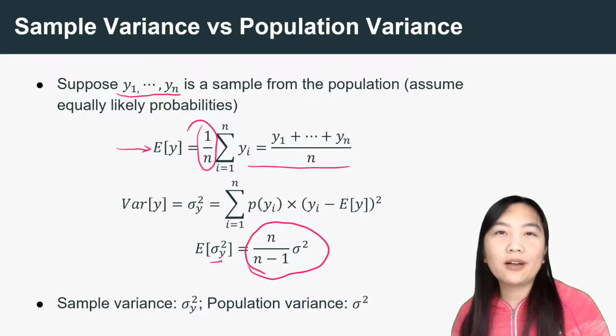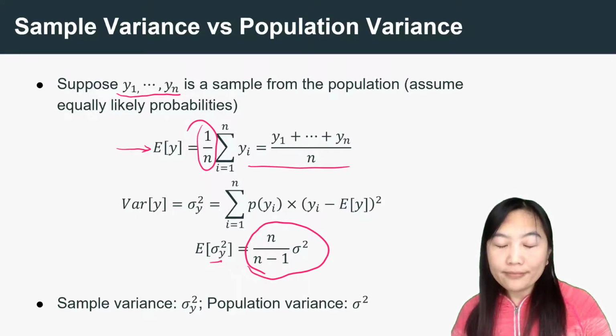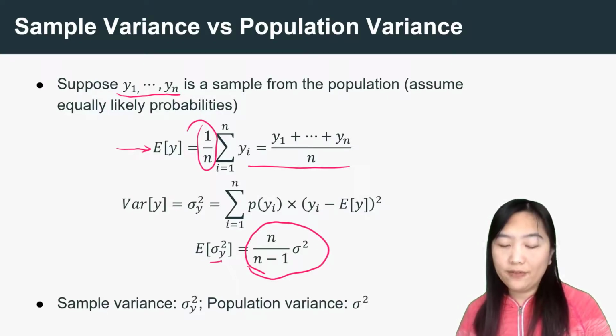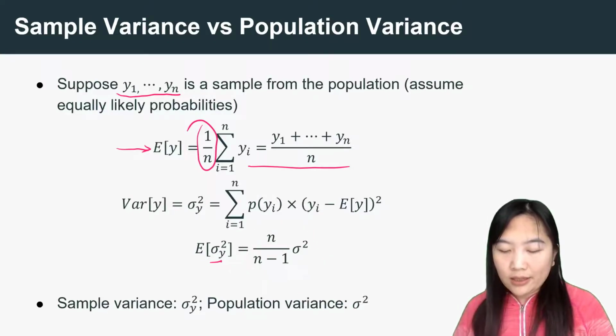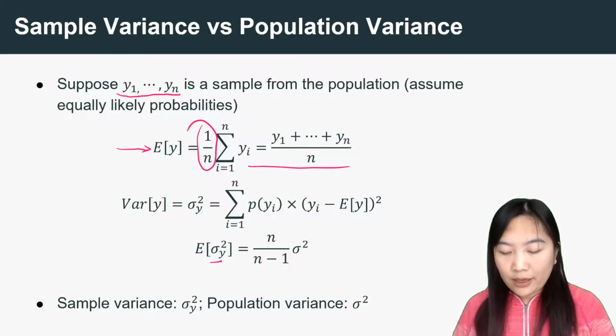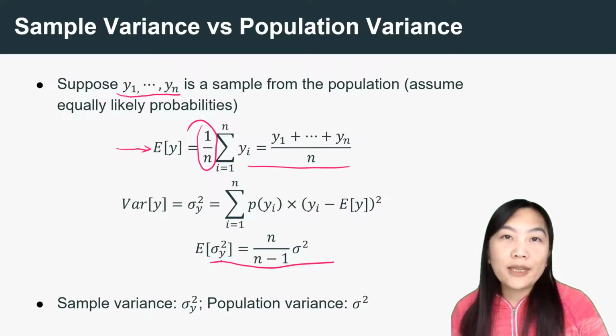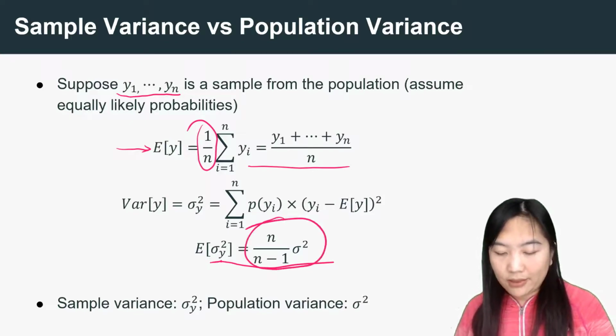I don't want to do all the derivation here, calculating the expectation of the sample variance. It's not the focus of this course. If you're really curious, there are many statistics books or courses that you can refer to, but here you just have to trust me that if you take the expectation, then you will get this result.